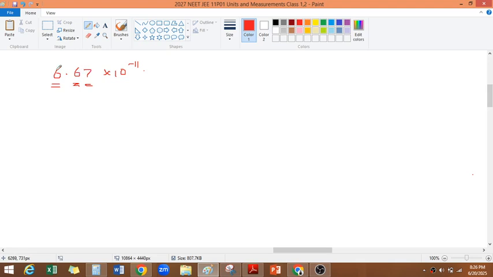So you have to take all the certain digits and then one uncertain digit. Obviously, the digits coming after this are very, very uncertain, so we will not consider them. This one is questionable, but still it will be included. So we say it is three significant figures.